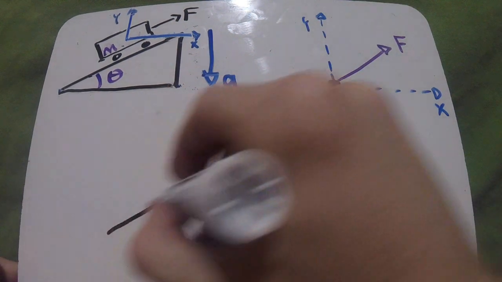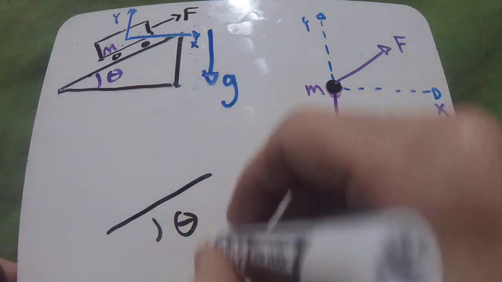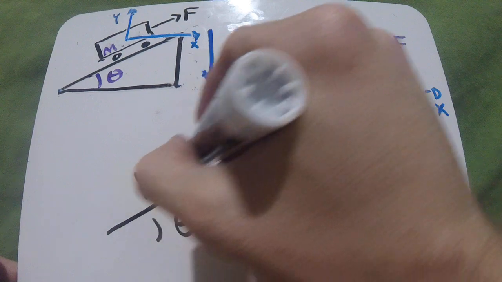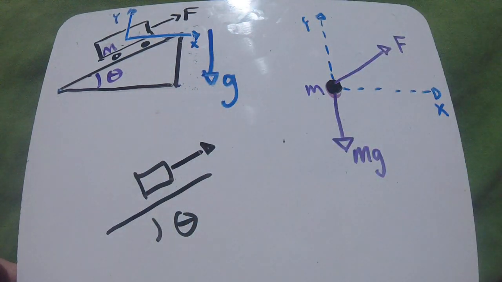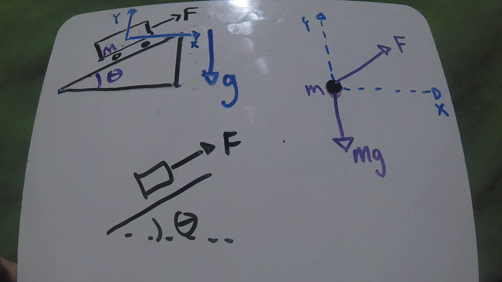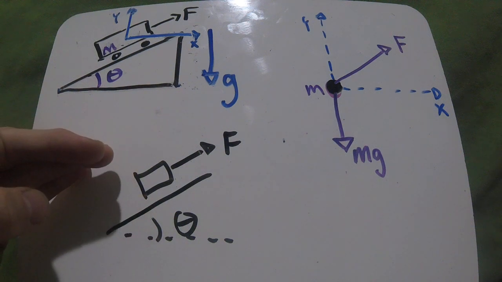Alright, so if this is our plane, here's theta. F is going, and here's our box. F is moving this way. This is just F with nothing else drawn around it. Here's horizontal. So, what direction is F in? Well, this is just this line moved up a little bit.